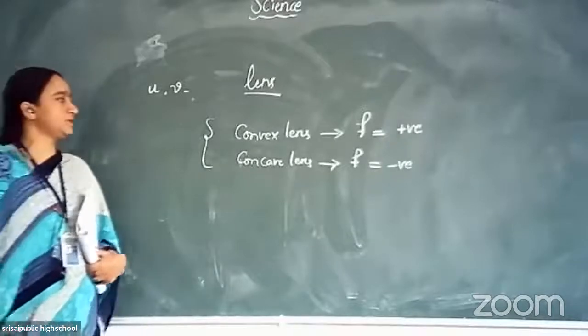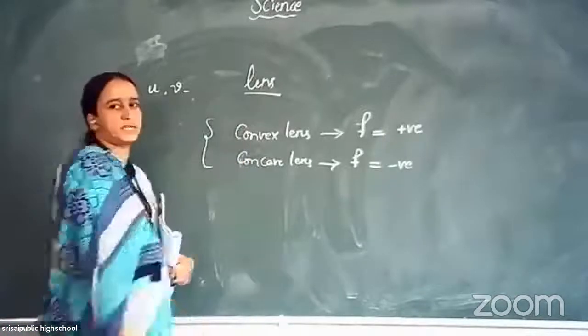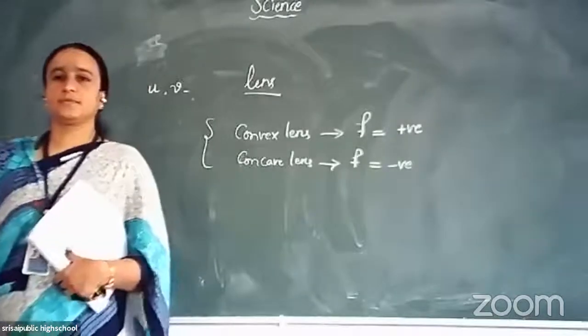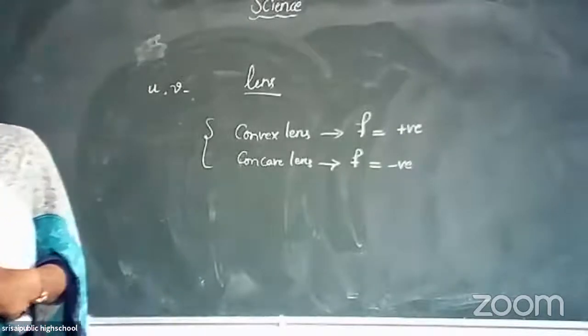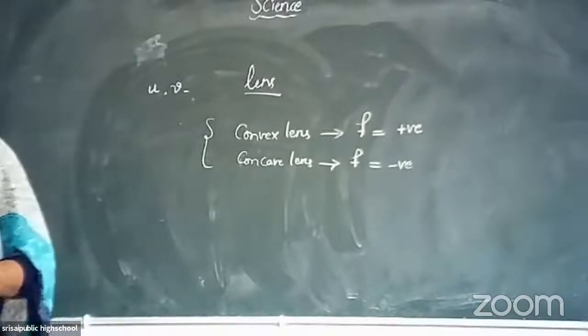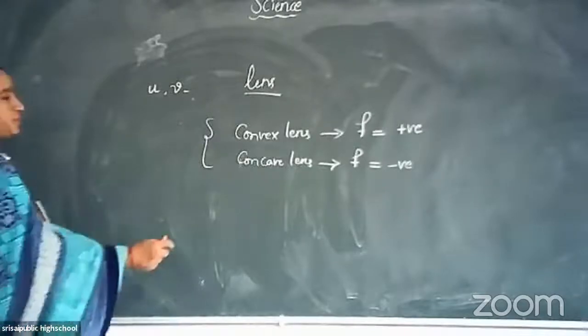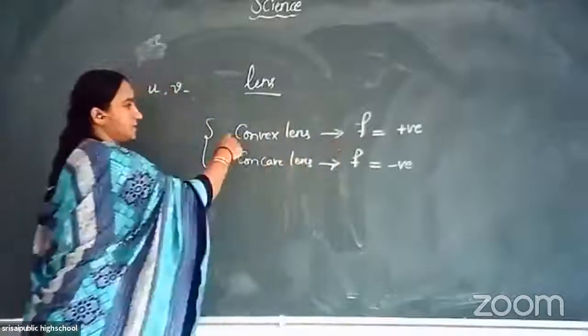Positive or negative? Students, answer me. It is positive. The sign given for the focal length of a convex lens is positive.